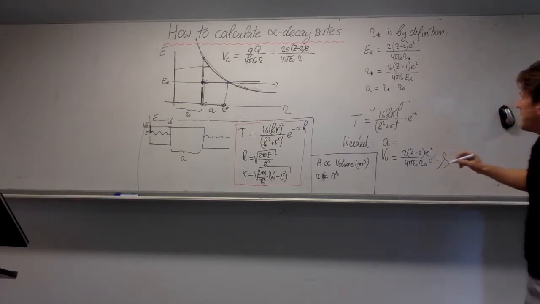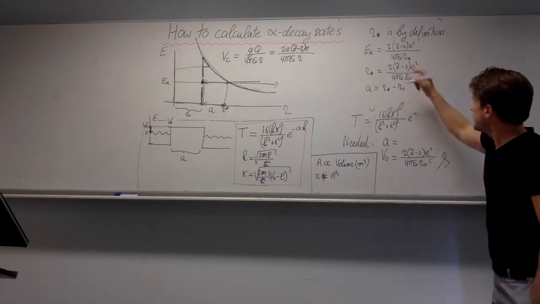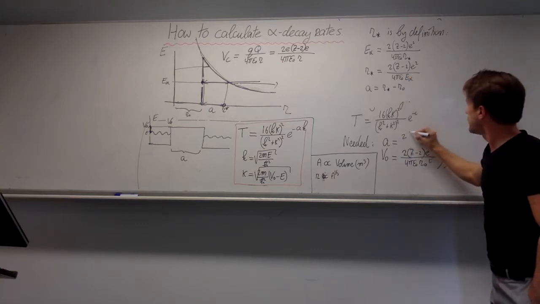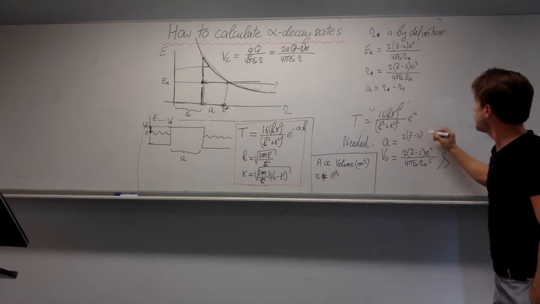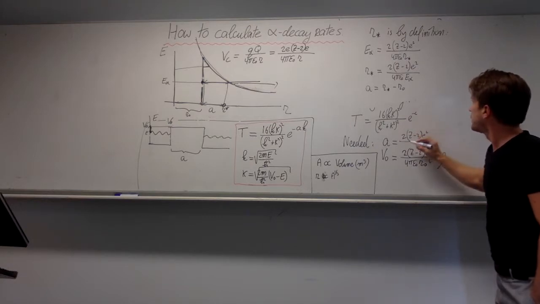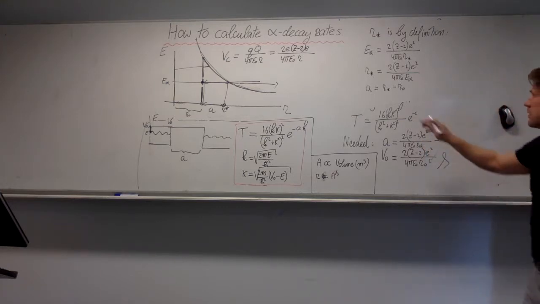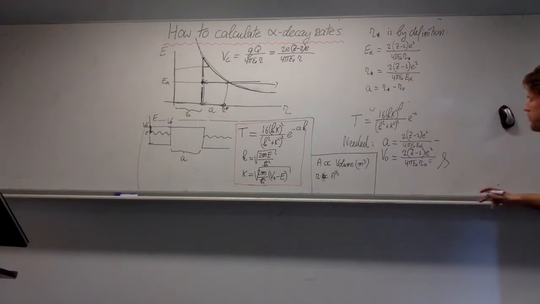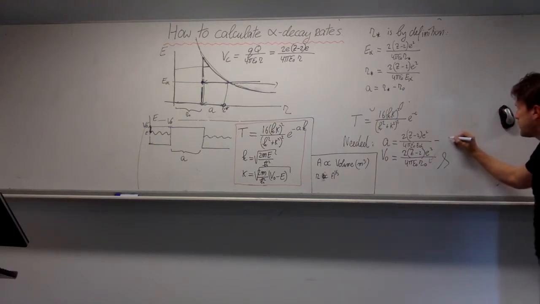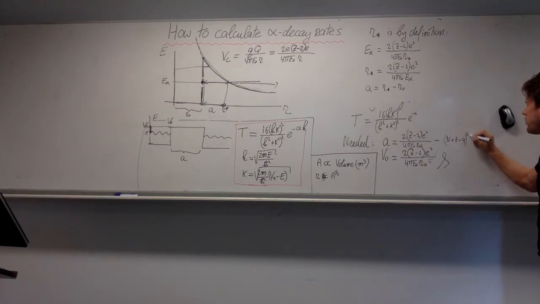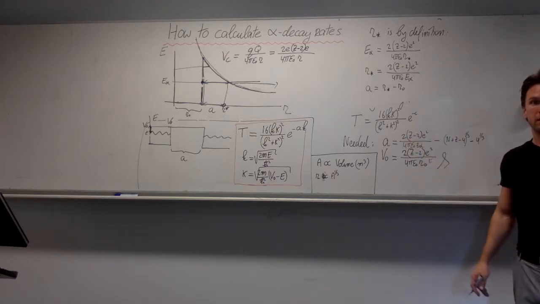And all in all, what we get here is R star, that's that expression, 2 times Z minus 2, times e squared, divided by 4 pi epsilon 0 E alpha, minus R0. And R0, which I just calculated before, is the cube root of N plus Z minus the cube root of 4. And now we have the width of the barrier.